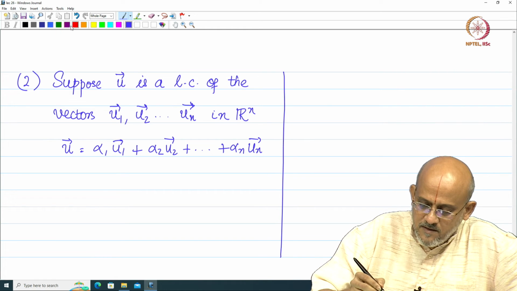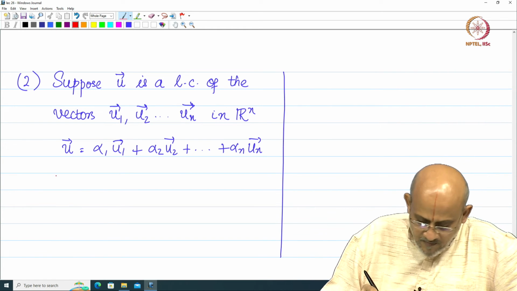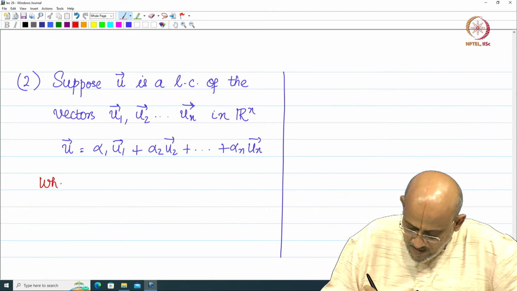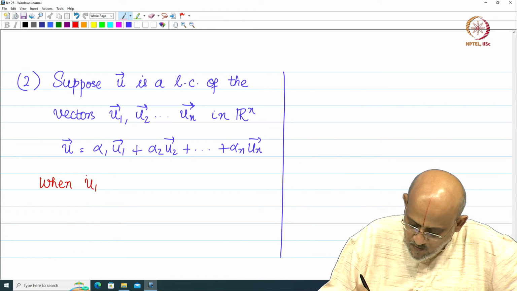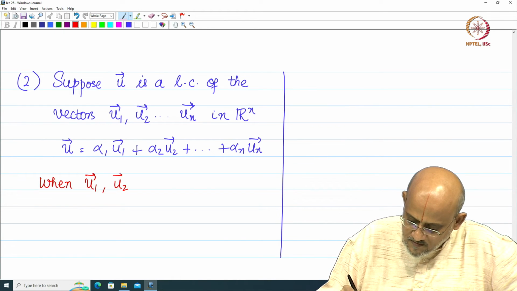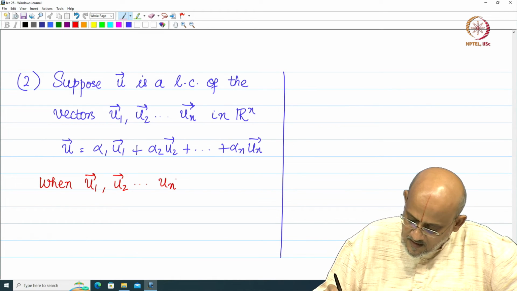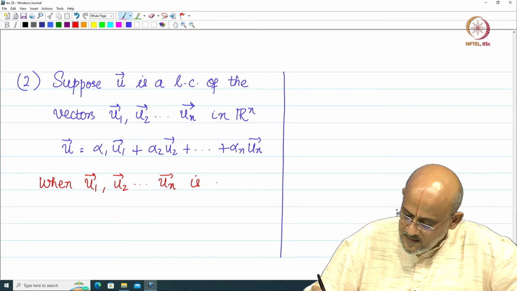Now, we are going to consider the case when u1, u2, etc., un is a linearly independent set.